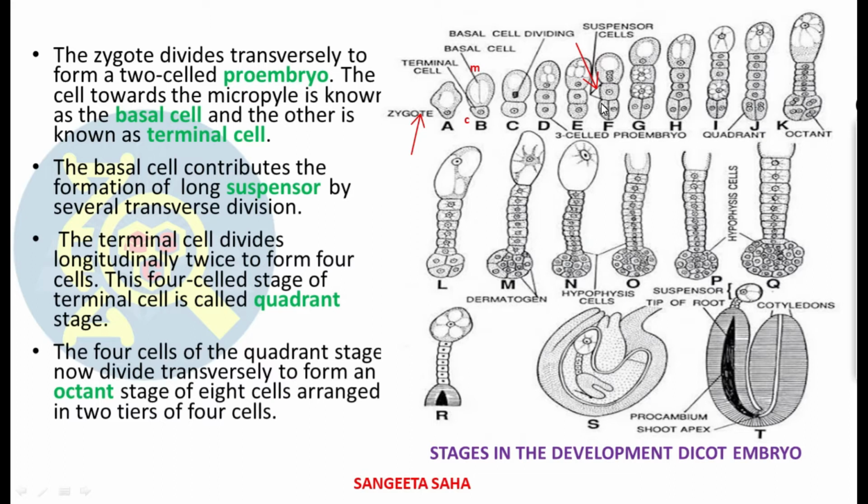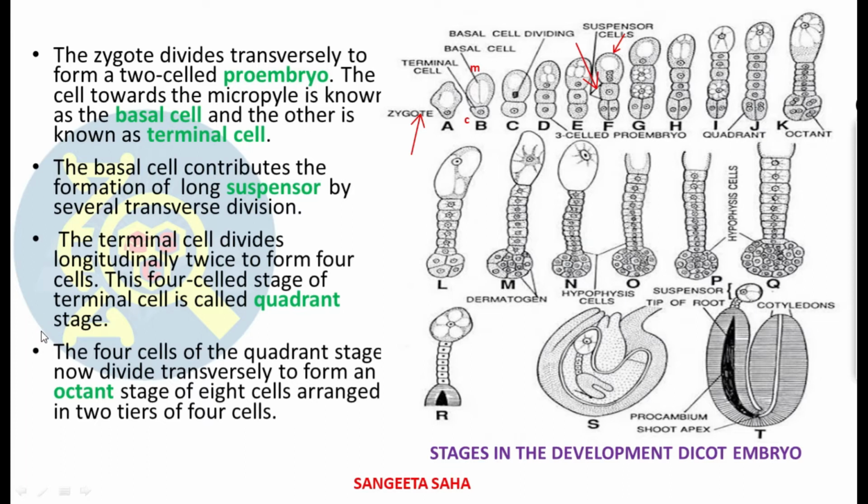The cells of the suspensor towards the micropyle are bigger, somewhat rounded, and are known as haustorial cells. This one. Now the main function of the suspensor is to push the embryo deep into the endosperm.